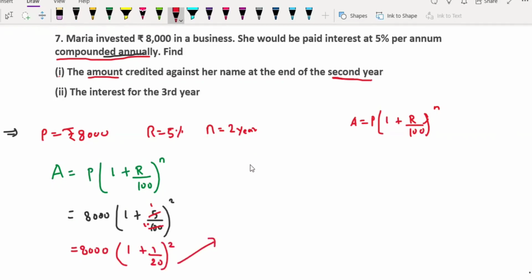Let us write down here: amount is equal to 8,000. In the first term there is nothing in the denominator, so we can consider it as 1. So our LCM is going to be 20. We multiply 1 by 20 and the other by 1, so 20 plus 1, whole square.